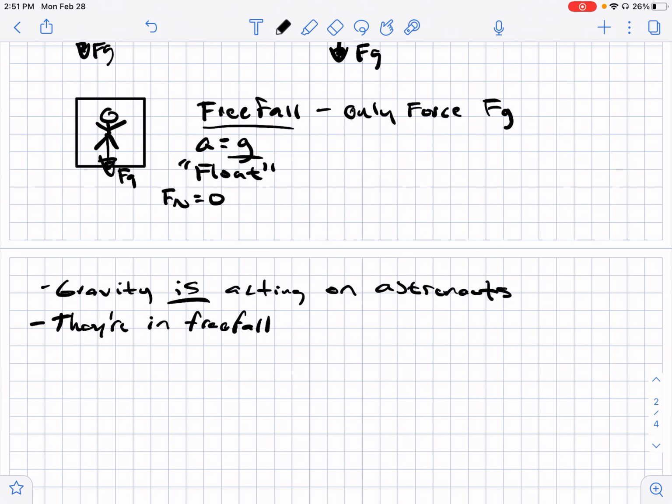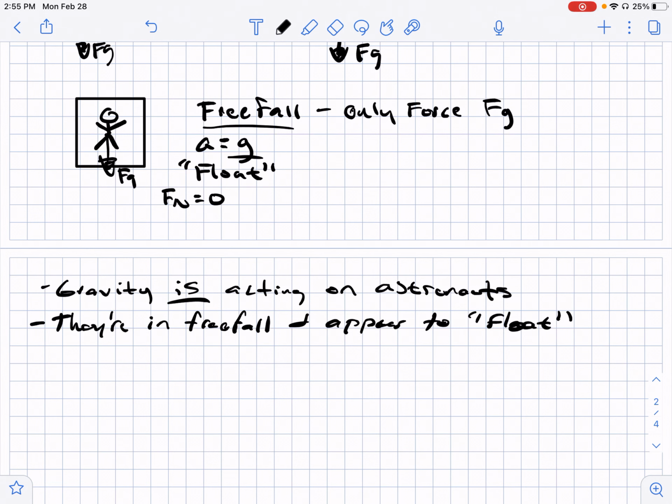And so they appear to float. When they're in their spaceship, both the spaceship and the astronauts are accelerating due to gravity, and so they appear to float inside their spaceship. They're actually accelerating towards the Earth, but by the time they would have reached the Earth, it has curved away, and so they don't run into the Earth.